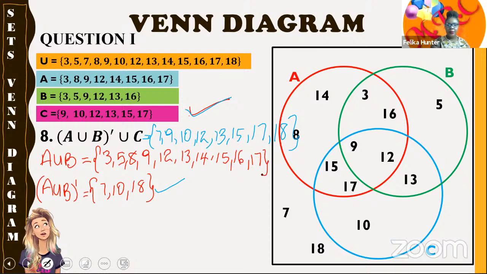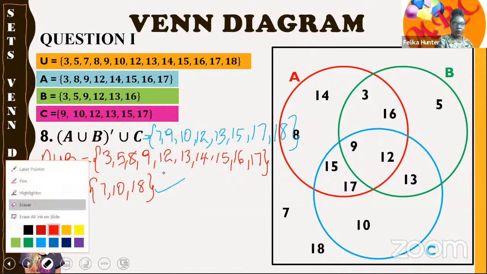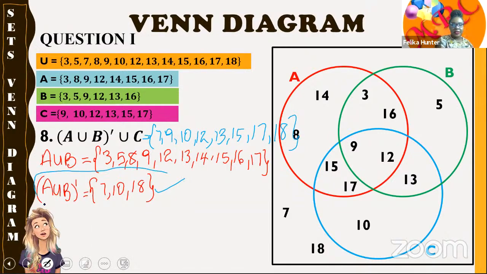Okay, I think that's it. So for the A union B complement union C, what we're doing is finding the union of this one with C.